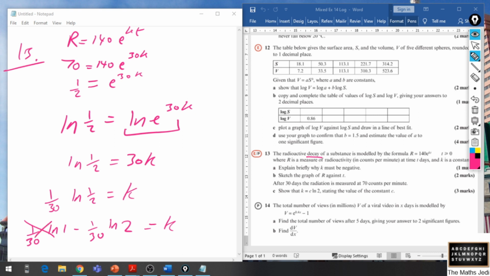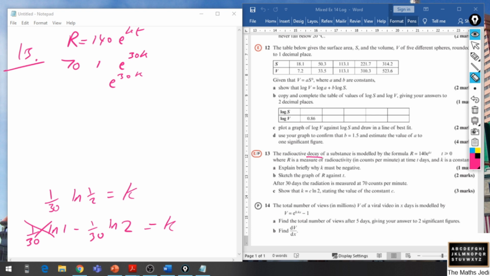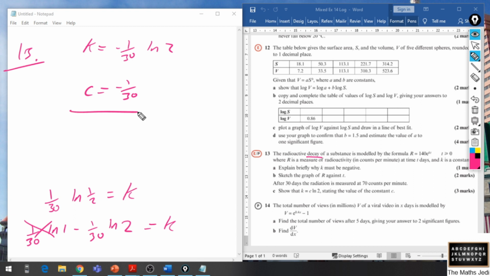You're left with minus the 30th of log 2. So c here would be minus 1/30. Again, you are expecting a minus number for the reasons stressed earlier. So that will give you k equals minus the 30th log 2, so c is minus a 30th, and that will give you the answer straight up.